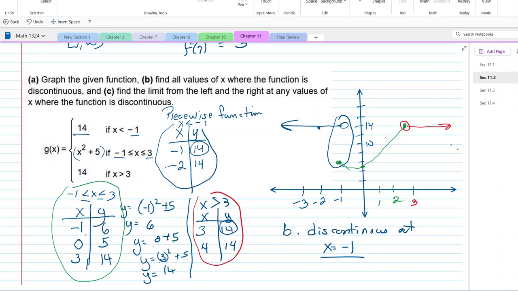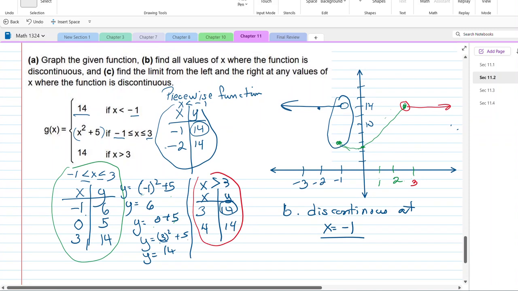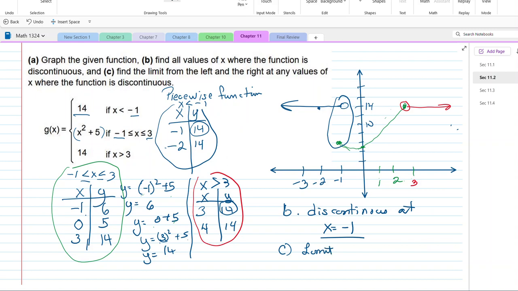And then C says, find the limit from the left and the right of any value where the function is discontinuous. All right, so we're going to find the limit, minus and plus.